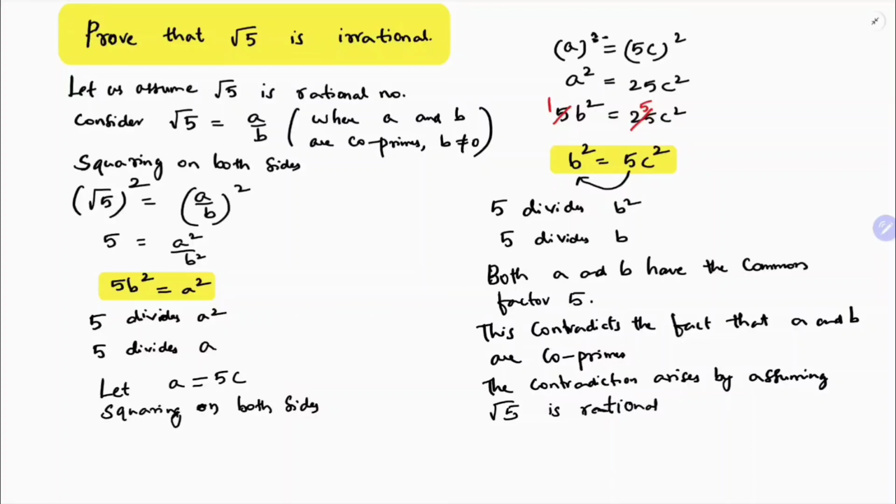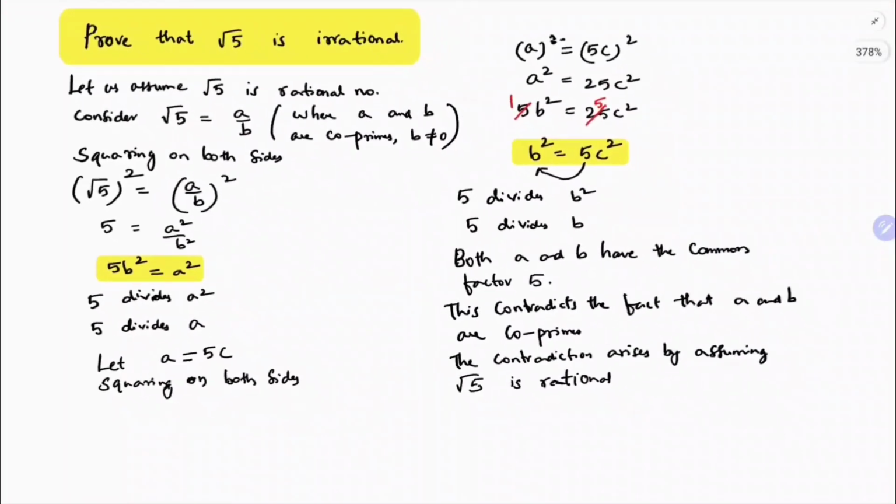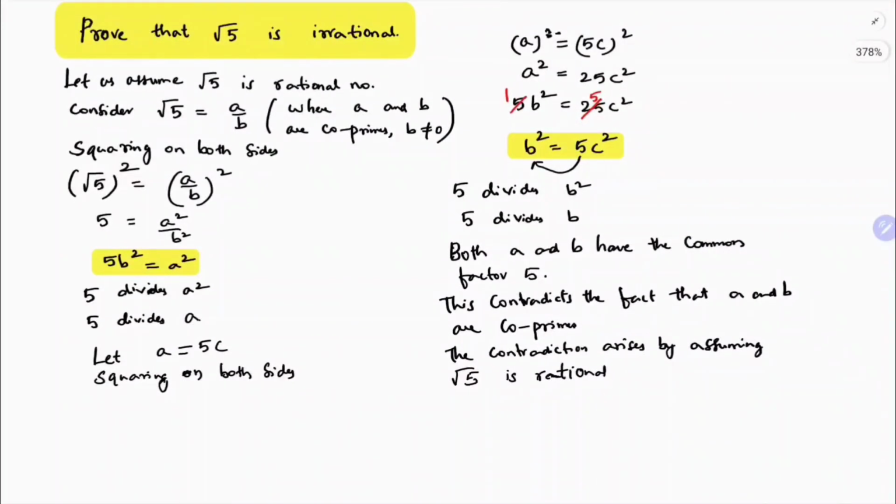So this contradiction arises. Hence root 5 is irrational. Hence root 5 is an irrational number. So in this way we need to simplify this.